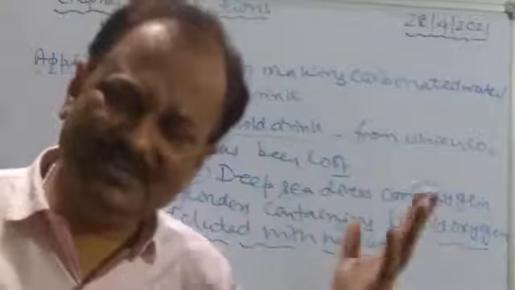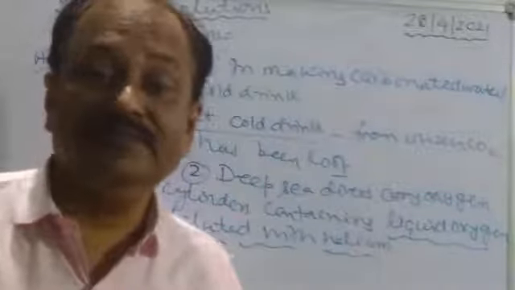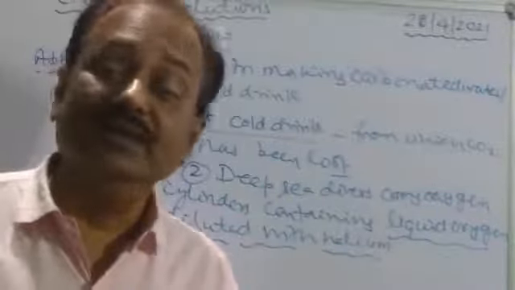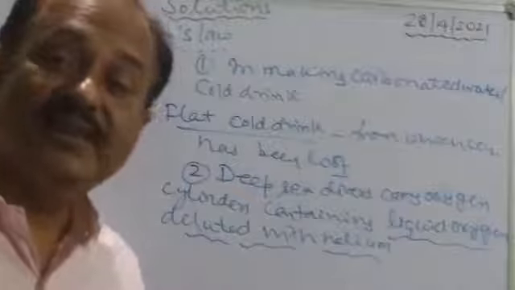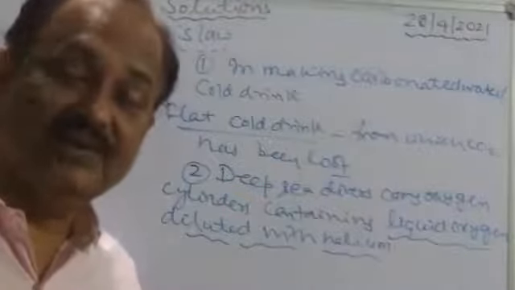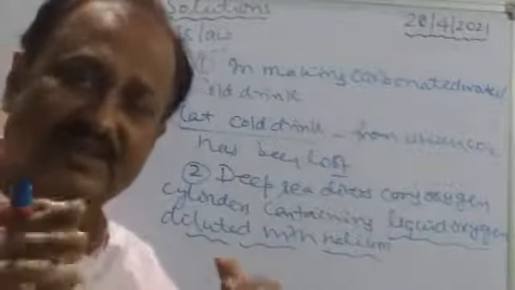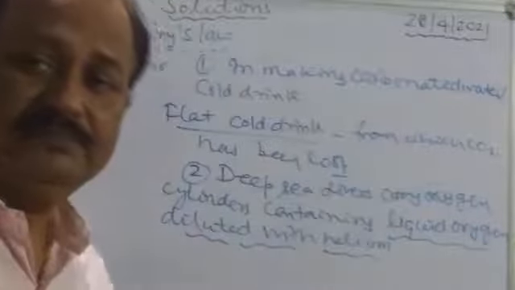It was in old days, and so many deep sea divers used to die. And so to avoid this, it is dealt with helium, because helium has much less solubility than oxygen. So it is in a very fixed amount.